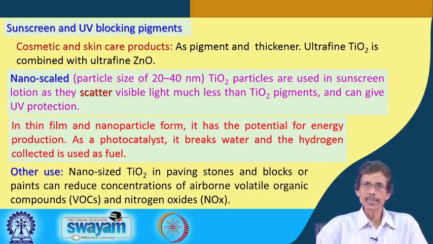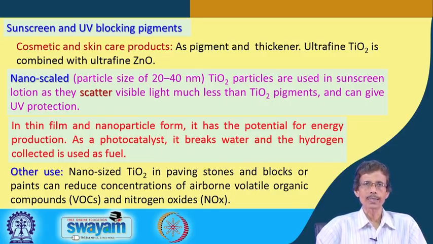They already have volatility. If we are able to break them down further, we can get rid of the contamination and toxicity of those volatile organic compounds.